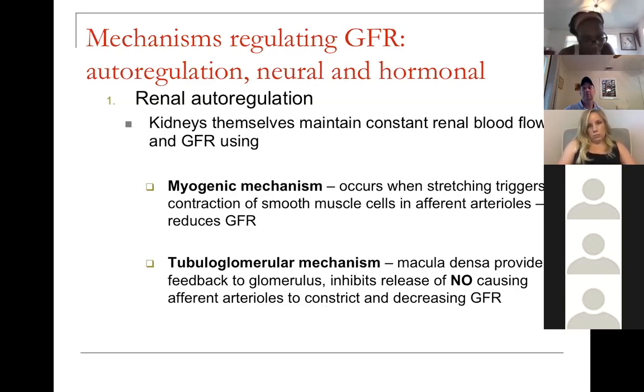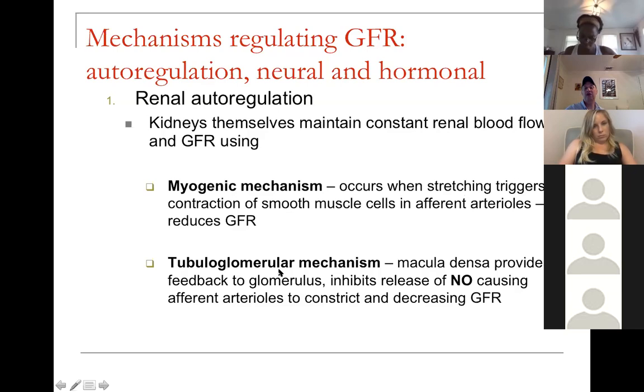You have to say that again. I will, sure, no problem. Okay, so every time your heart beats, you're going to cause a change in pressure. That pressure is going to stretch the smooth muscles surrounding the afferent arterioles. That's going to reduce glomerular filtration rate.